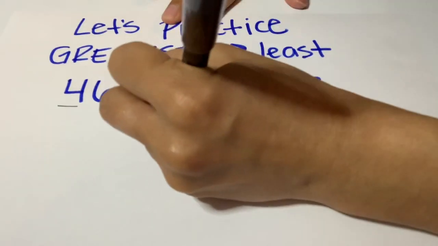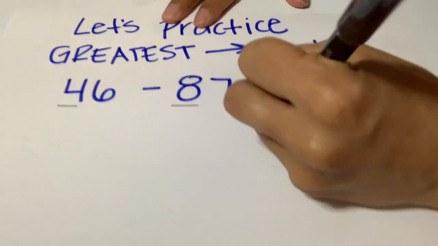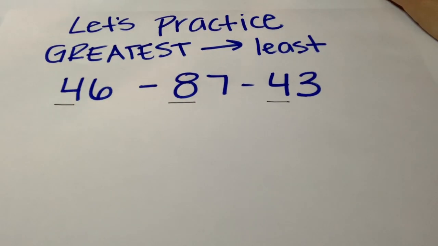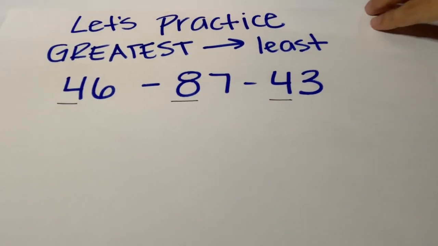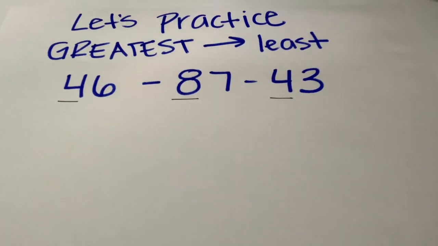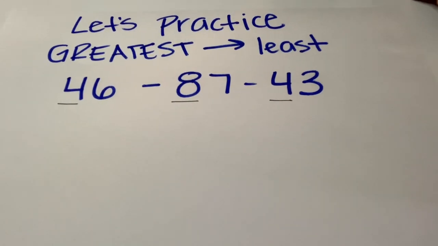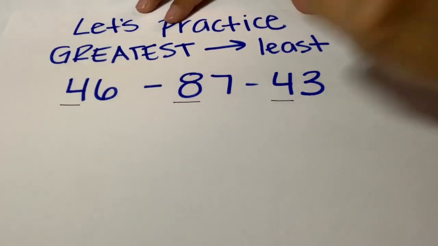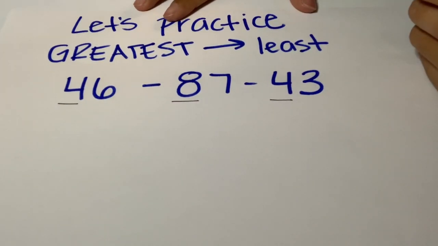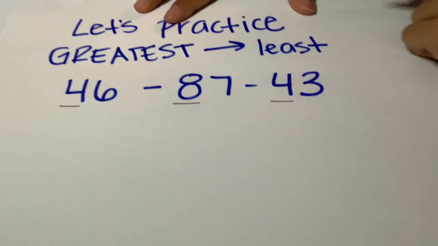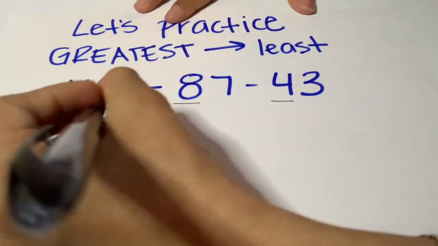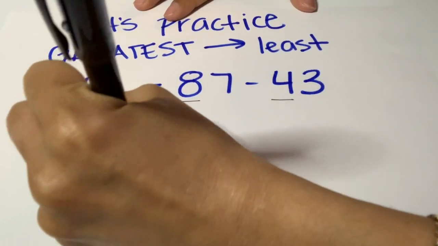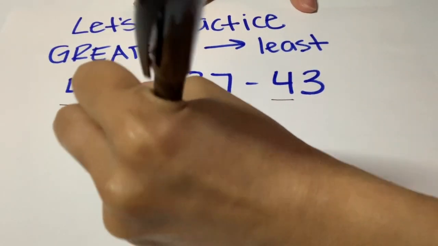There's your tens place, tens place, tens place. Okay? Out of these three numbers, which one has the biggest tens place? You're right. 87 has the biggest tens place because 8 is bigger than 4. So I'm going to go ahead and write 87 first.